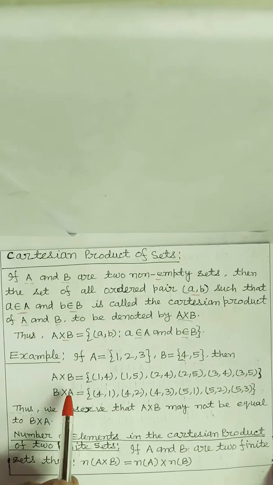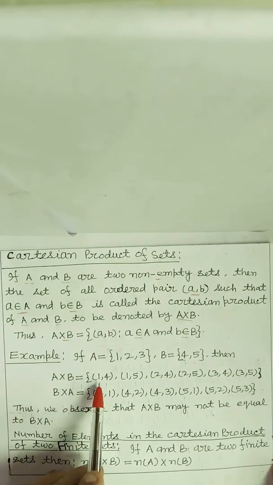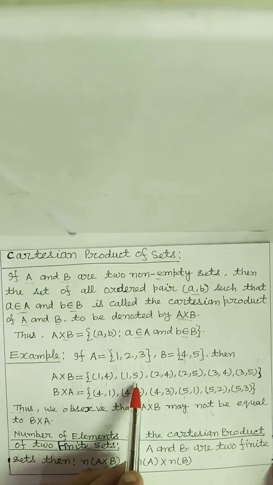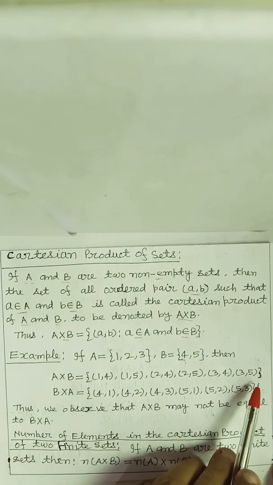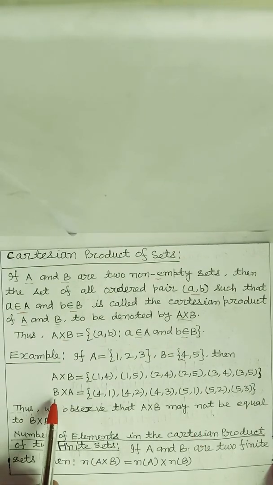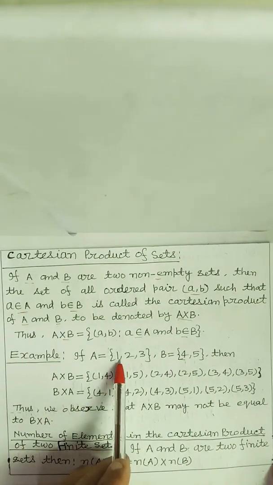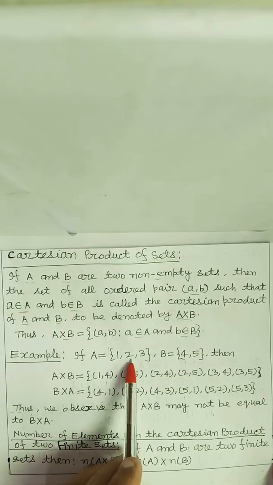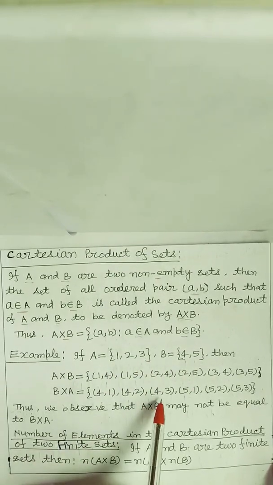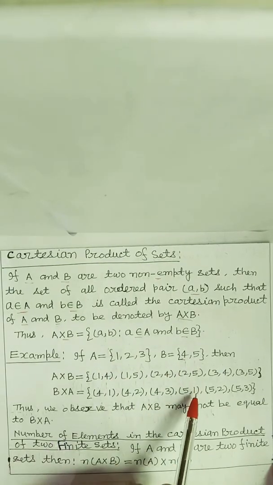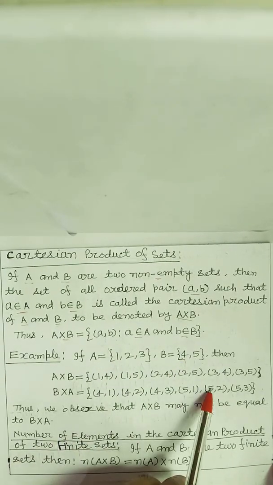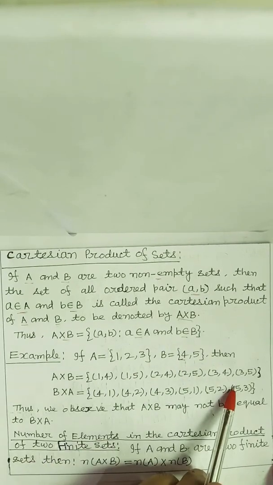So A cross B equal to {(1, 4), (1, 5), (2, 4), (2, 5), (3, 4), (3, 5)}. Similarly, B cross A equal to {(4, 1), (4, 2), (4, 3), (5, 1), (5, 2), (5, 3)}.